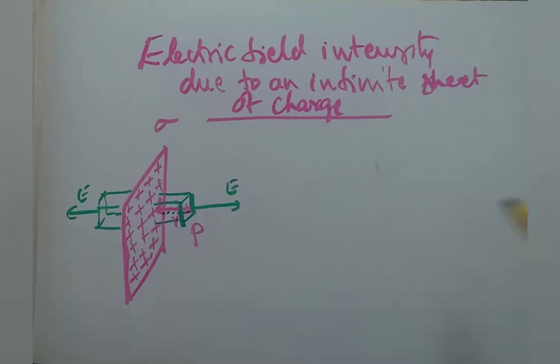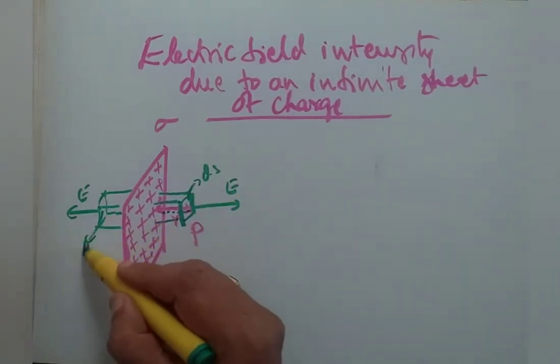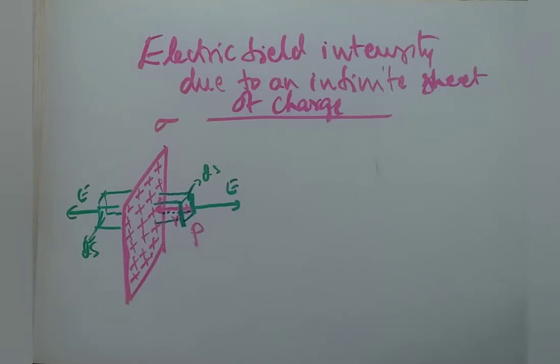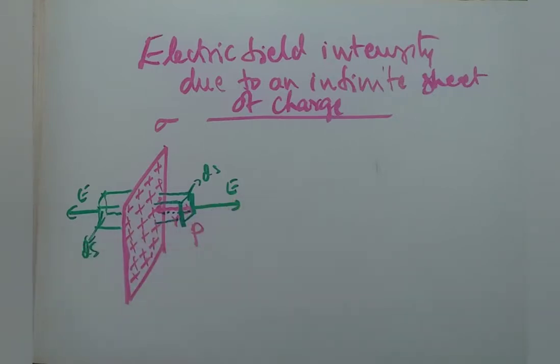This area we take as a small area dS. This side also it is dS. Now what is the total electric flux through the Gaussian surface, this rectangular box? In fact, it has only two small areas, dS and dS, on both sides of the sheet.